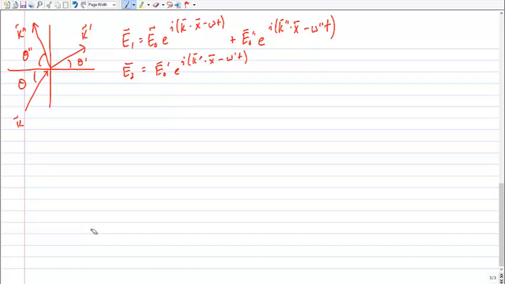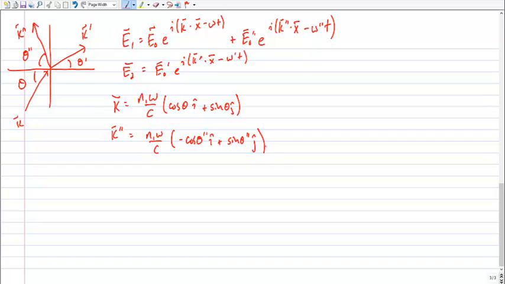So let's do a little bit of geometry involving those vectors and those angles theta. The magnitude of the k vector is n times omega over c. And if you work out the geometry with your sines and cosines to find the components of those k vectors, you get a little something like this. Keep in mind that the magnitudes of these two k vectors have to be the same.